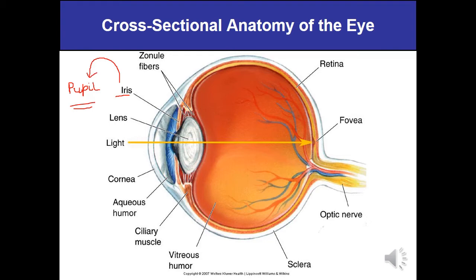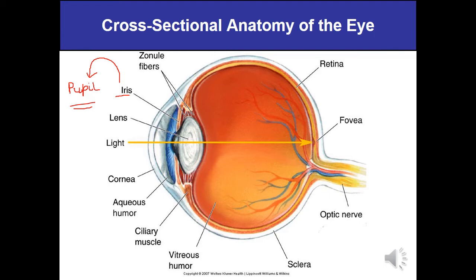Our iris makes the hole smaller during the daytime when the ambient lighting conditions are very bright. On the other hand, during the night or when you are in a dark room, you would like to open up the pupil, otherwise it would be difficult to see anything. So it is the iris which controls the size of the pupil.